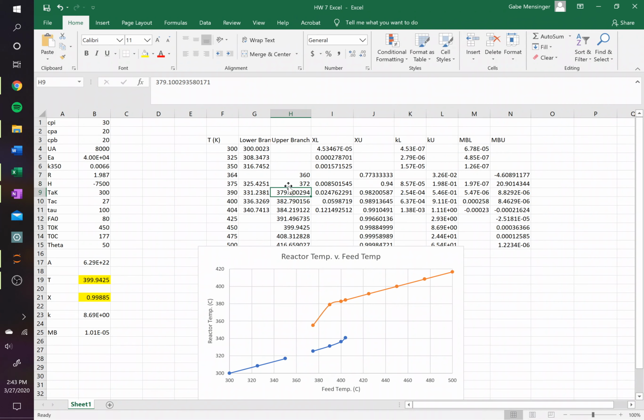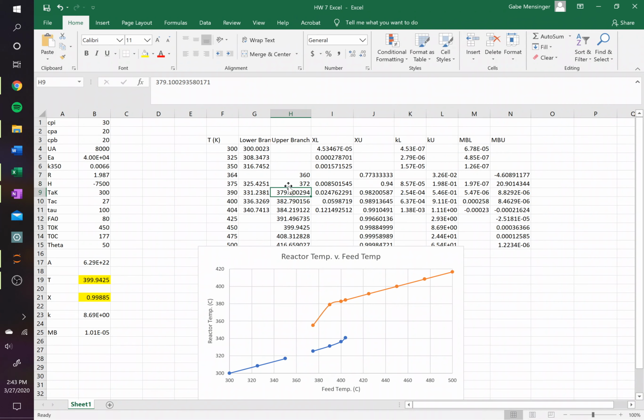So essentially in part D, we have increased slightly past our ignition point to get onto our upper branch, and now we're decreasing by 20 degrees, but we will stay on the upper branch. If we increase by 5 and decrease by 20, that puts us at about 390. So that's our inlet temperature. And now it's asking at 390, what is the conversion?